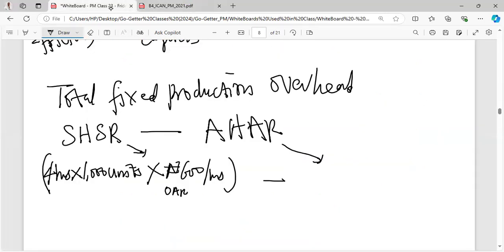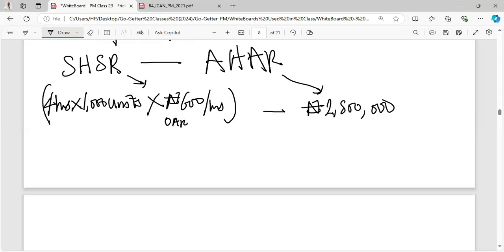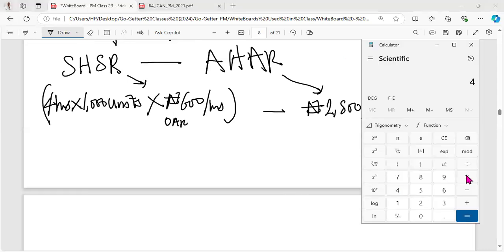That's what we are told. So what do we have here? Let's activate our calculator now. We will say 4 hours times 1000 units multiplied by 600 naira per hour.